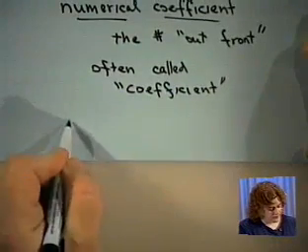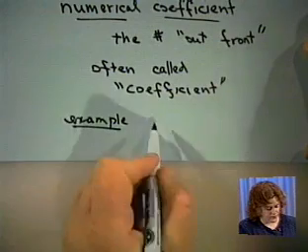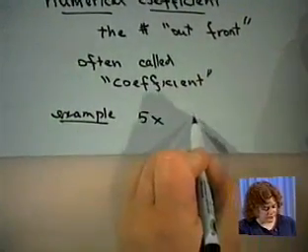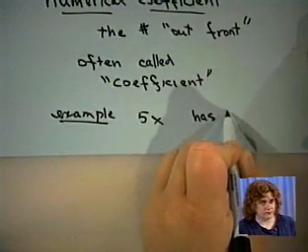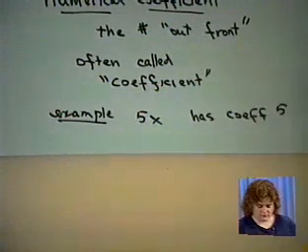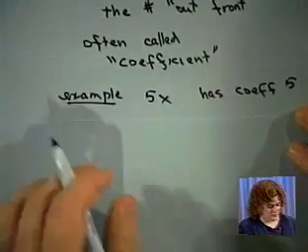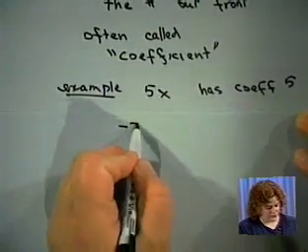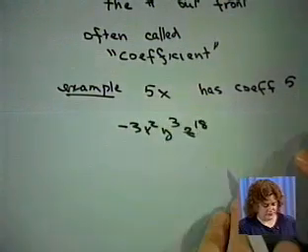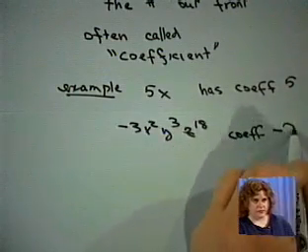For example, from that list above, 5x has the numerical coefficient 5. The more entertaining term, that negative 3x squared y cubed z to the 18th, has the coefficient negative 3.